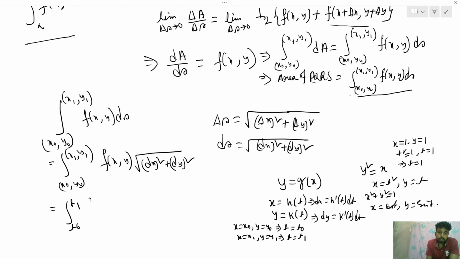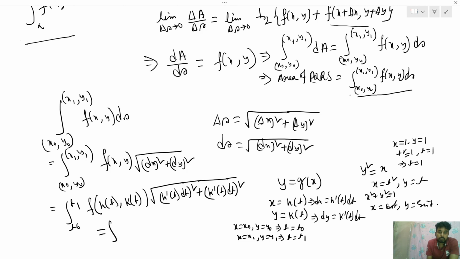So finally, we write here the integral from t0 to t1 of f, where x means h of t, y means k of t, and dx means h dash t dt squared plus k dash t dt squared, and finally we'll get the integral from t0 to t1 of f of h t comma k t times root over h dash t squared plus k dash t squared dt.